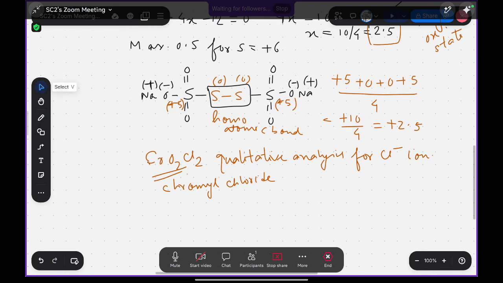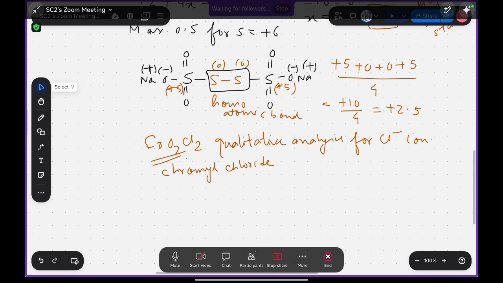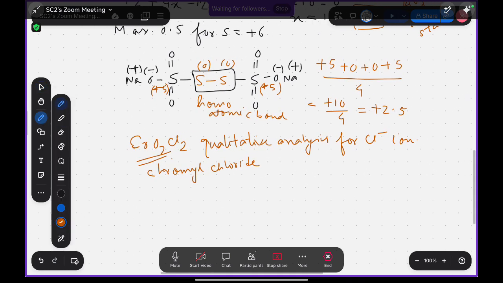Now the next one is, if you are asked to calculate the oxidation state of chromium in chromyl chloride. Let's consider that the oxidation state of chromium is X. So it is X into 1, because we are having only one chromium atom, plus let's take oxygen as -2 first.